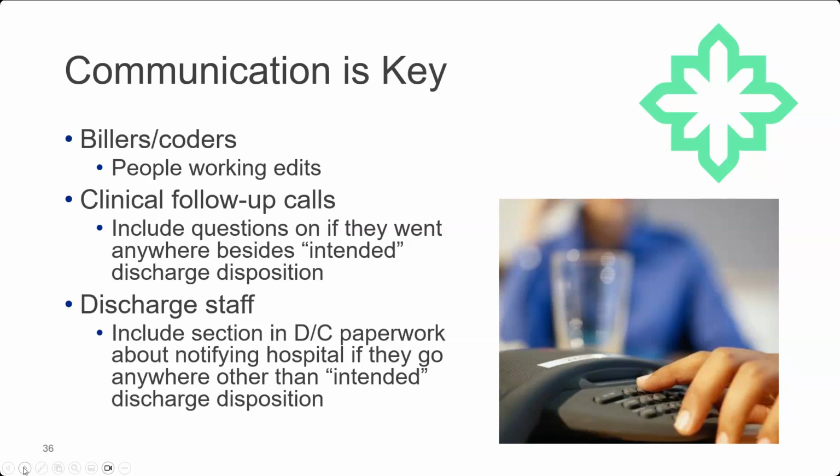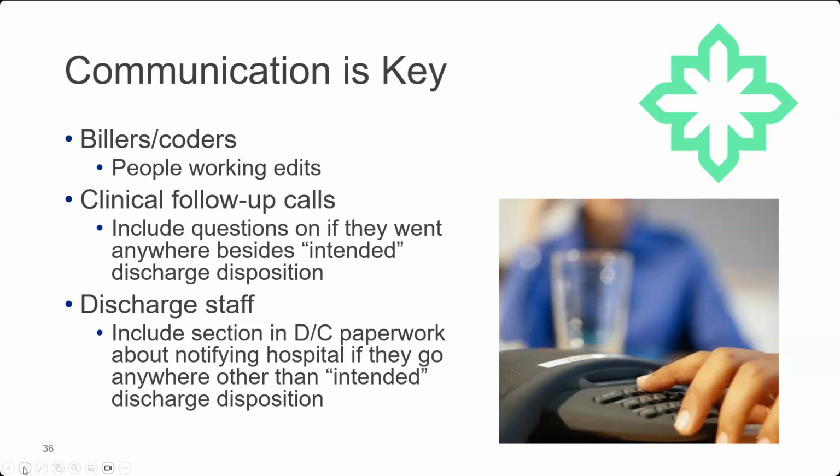We have facilities that say this works really well for them. It is part of the discharge notes. The nursing staff, when they go over the discharge instructions, go over it with the patient and family or caregivers and say, if they end up somewhere other than blank, where everyone's agreed that this patient is going when they leave your facility, or if they go somewhere other than this in the next 3 days, notify us and let us know, either by phone or email, and have contact information right there available for them.